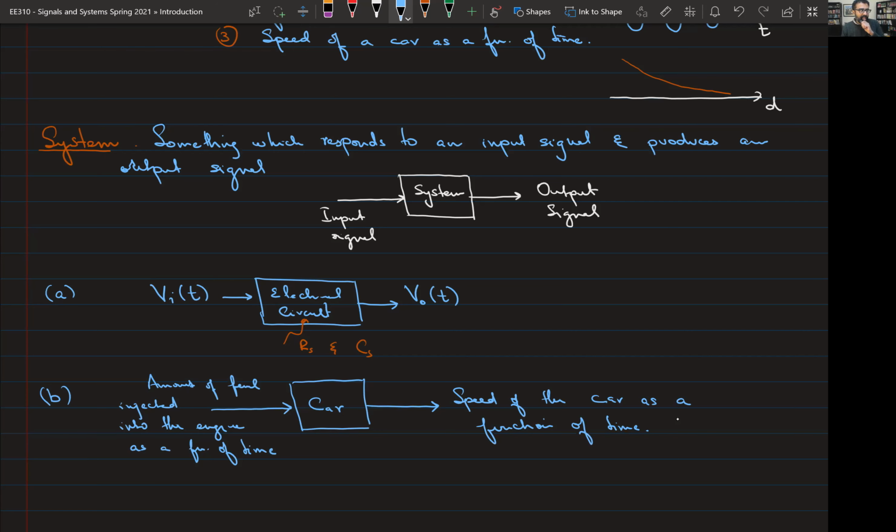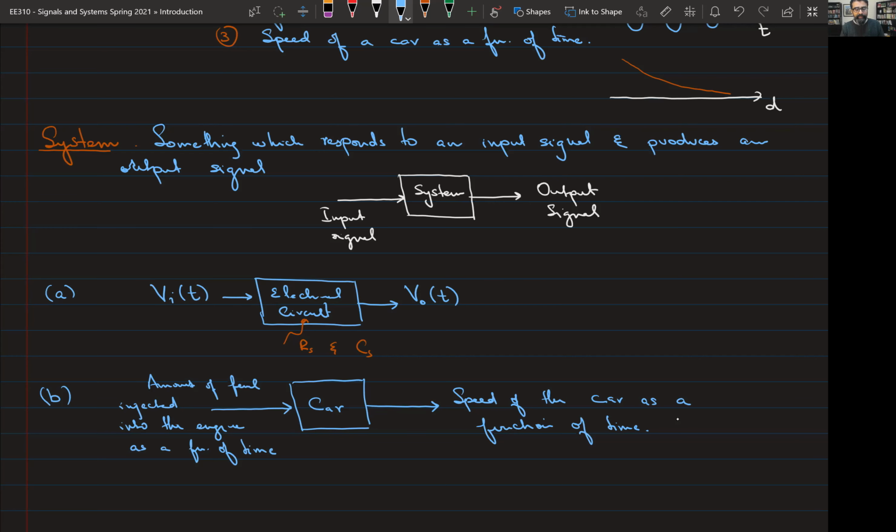Okay, and the relationship between the output and the input would depend on what kind of car we are talking about. I mean, are we talking about a Mehran, or are we talking about a high-end, top-end sports car? Okay, so the behavior of the system is going to depend on some physical parameters, and those physical parameters relate to the make and model and so on and so forth.